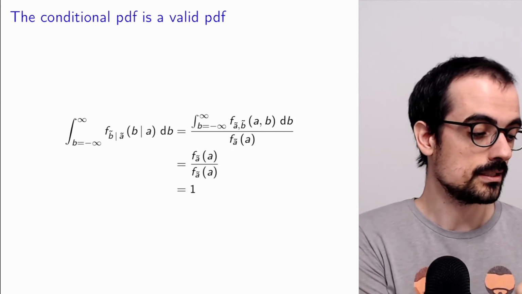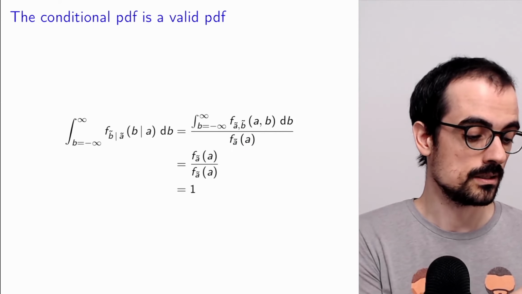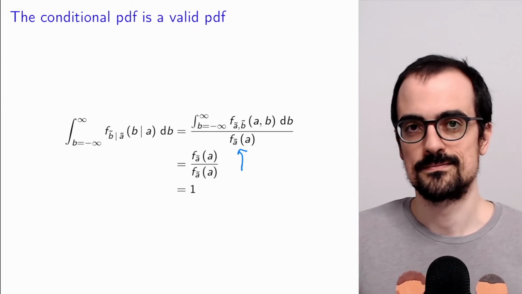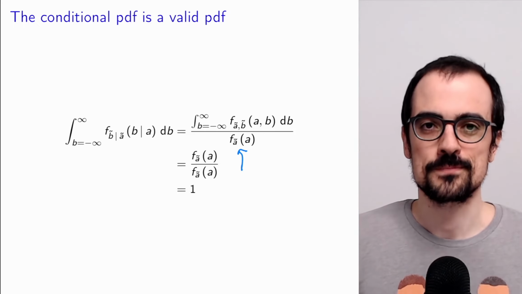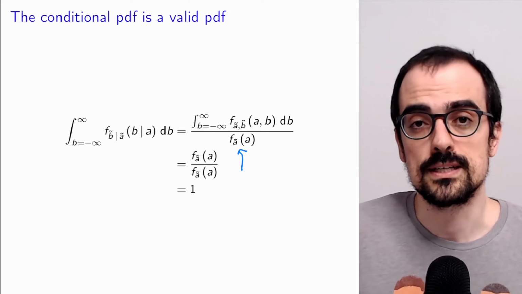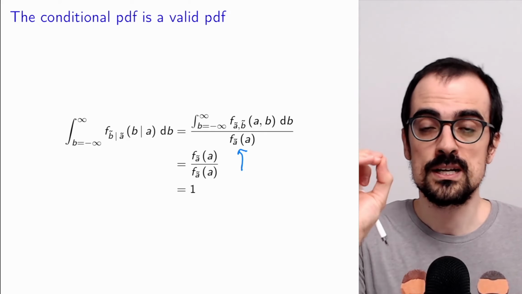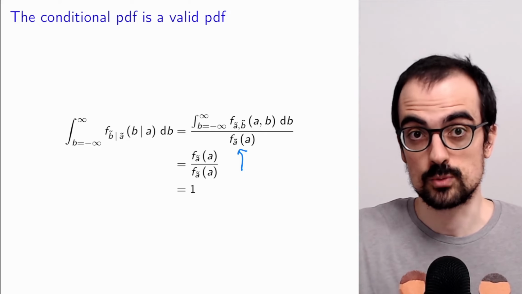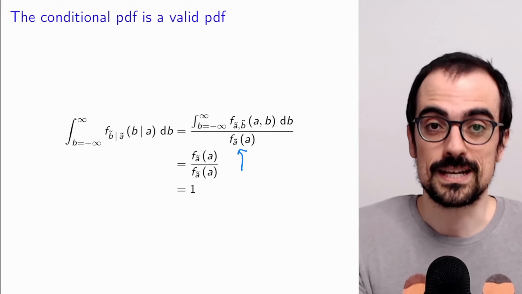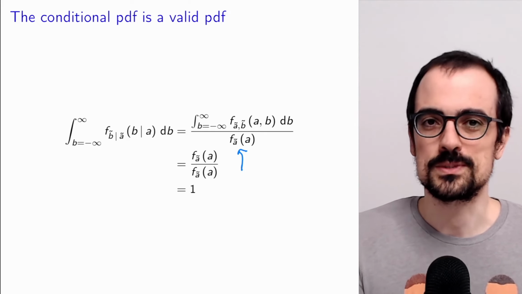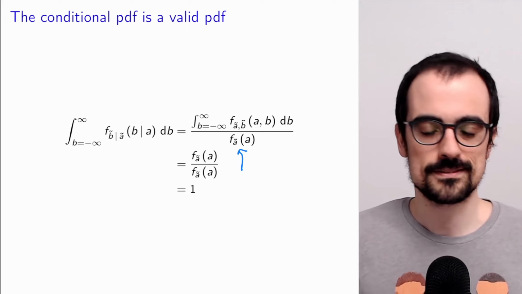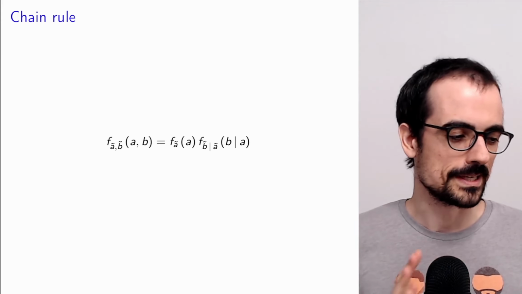Of course, you need this density to be non-zero for this to be well defined. Otherwise this is not true anymore. So we can only compute the conditional PDF at points where the density of the value of the variable that we're conditioning on is non-zero, which makes sense because otherwise we cannot obtain those values according to the joint PDF. Hopefully that makes sense.